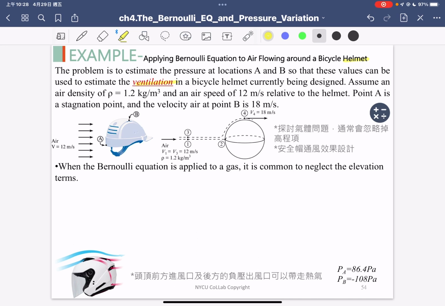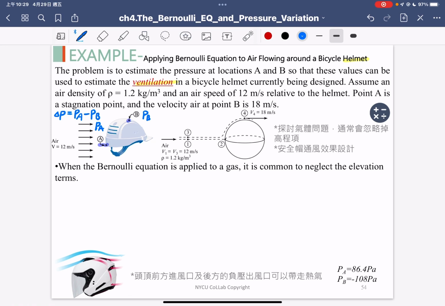So what's the problem? As you can see, you have the point A in here, and another is the point B in here. So the idea, if we have the pressures, the pressure in here is PA, and the pressure here is PB. So we can understand the pressure difference should be PA minus PB.